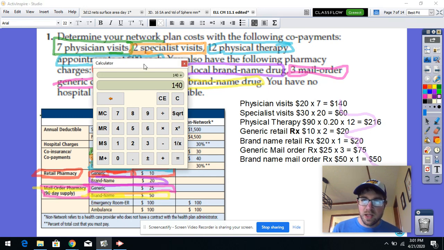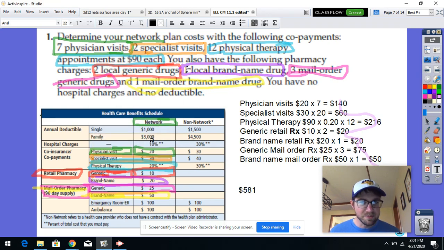So 140 plus 60 plus 216 plus 20 plus 20 again plus 75 plus 50, grand total for $581. This is our answer for the question, how much did we pay all together? Incredible.